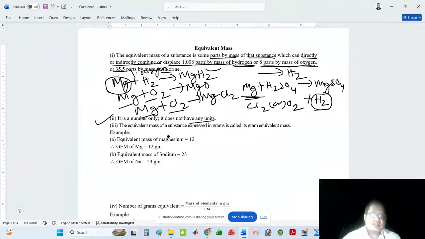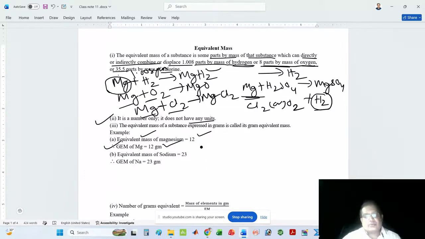Here is a question. Take an example. The equivalent mass of magnesium is 12. Suppose I want to find the gram equivalent mass of magnesium, then I can write: gram equivalent mass of magnesium is equal to 12 gram. Like think about sodium.